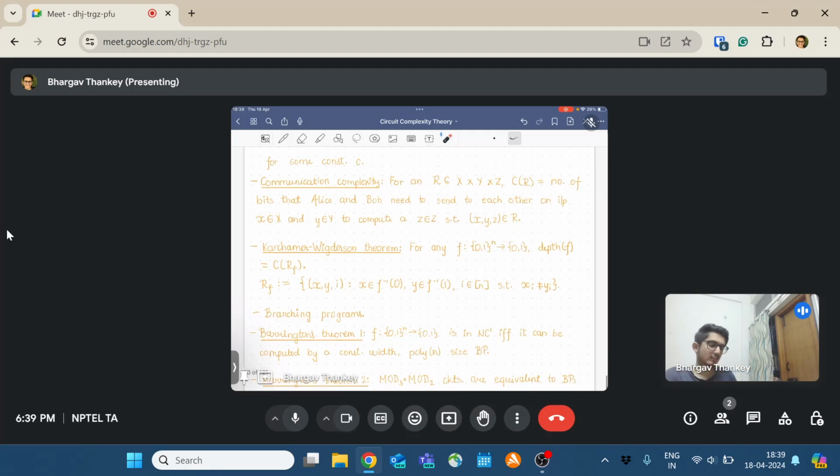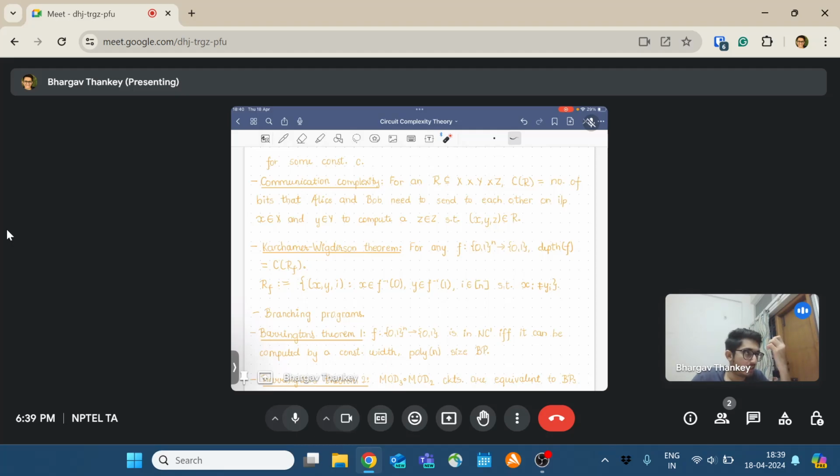After this, we saw, so far we have considered two main models of computation, a circuit and a formula. We also saw a third model of computation called branching programs. A branching program is basically a directed acyclic graph, where every node of the graph is labeled by a variable.